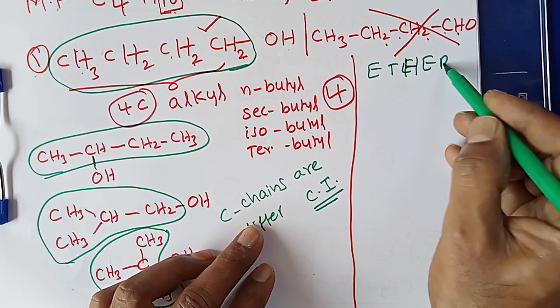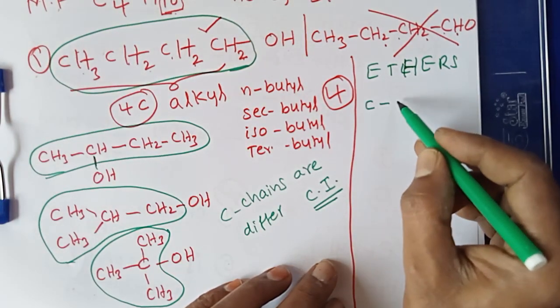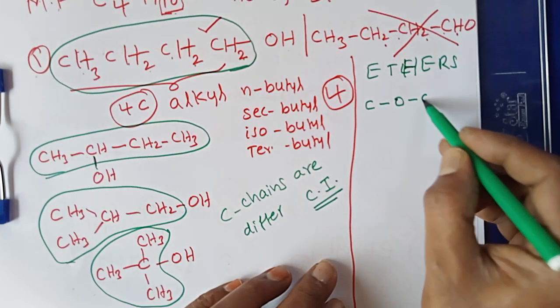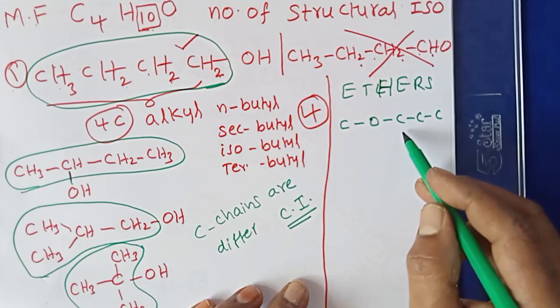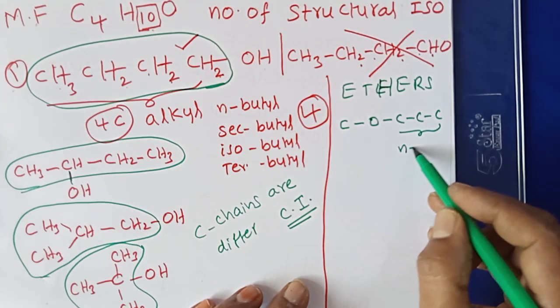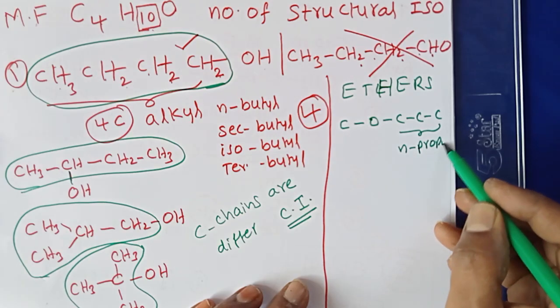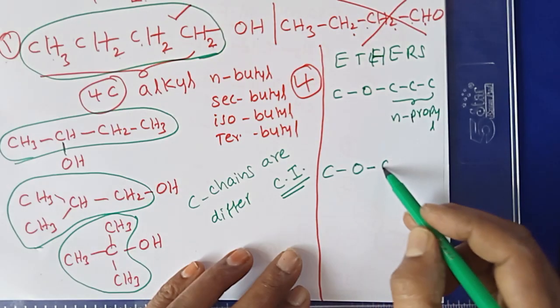Now total 4 carbons. So here I write down the ether: carbon, oxygen, carbon and carbon. So what is the second formula given? 3 carbons alkyl group, only 2. One is n-propyl, second one is isopropyl.